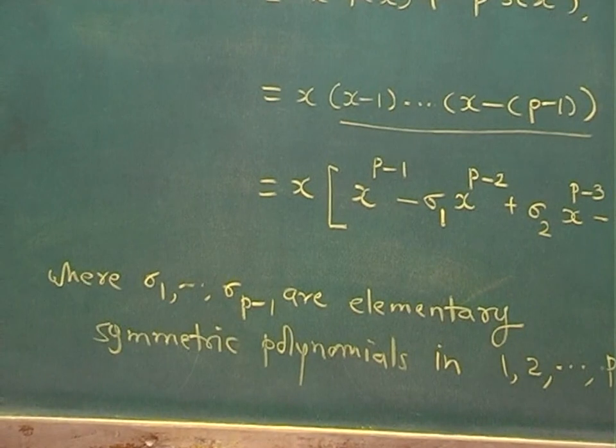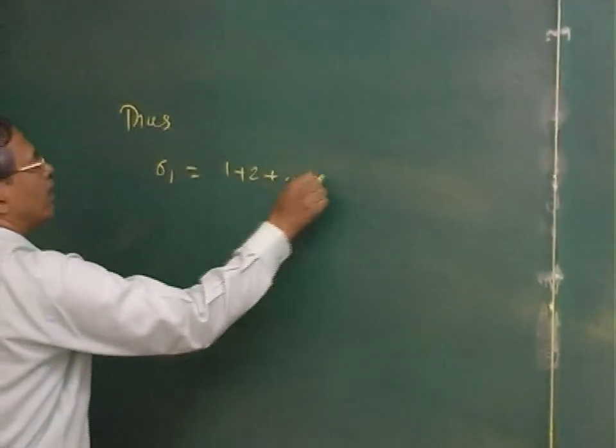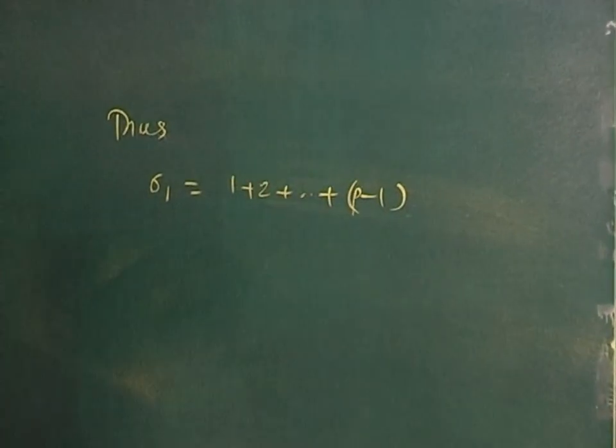Thus sigma 1 equals 1 plus 2 plus etc. plus p minus 1.